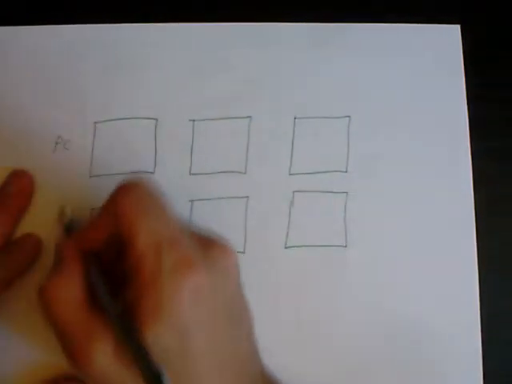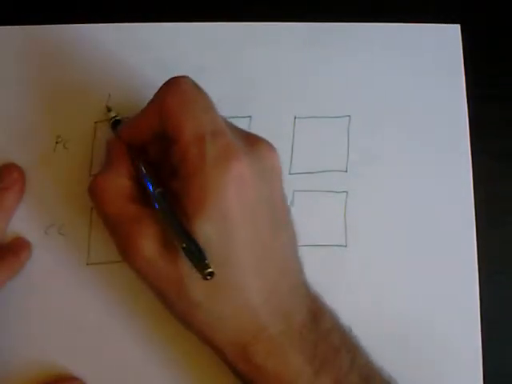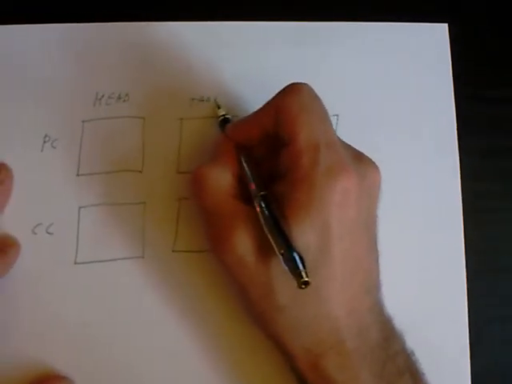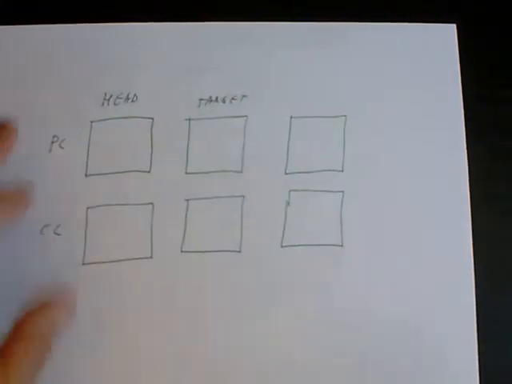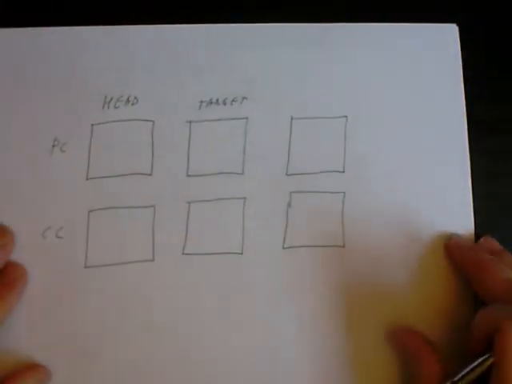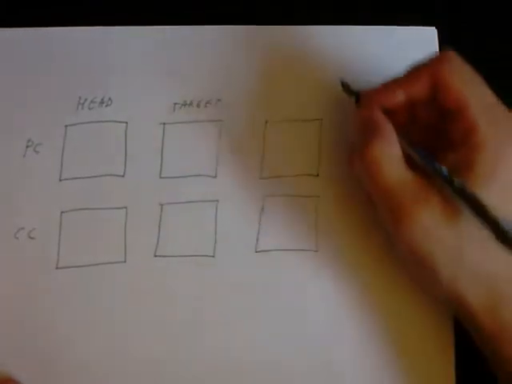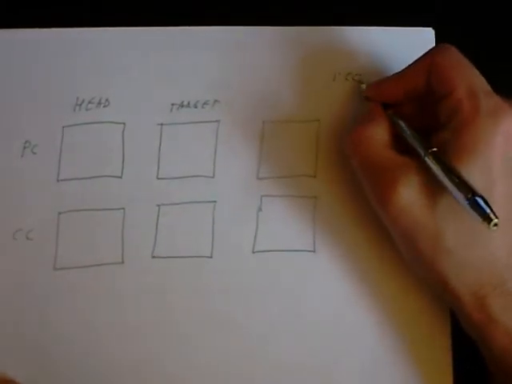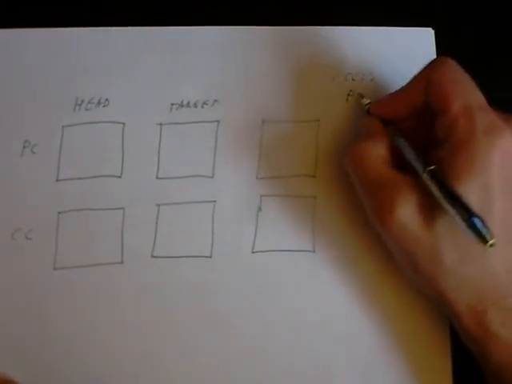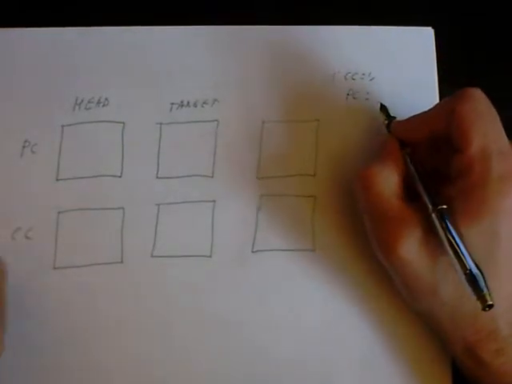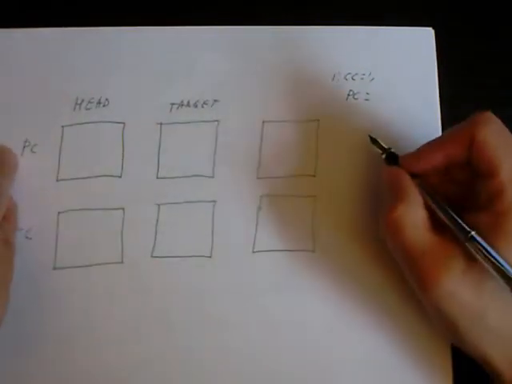So here's our program channel, here's our control channel, here's the head of the wire, here's our target. And here's the program that we're going to use. So step 1, I'm going to set my control channel equal to 1. And my program channel is going to be set up a little differently from before.